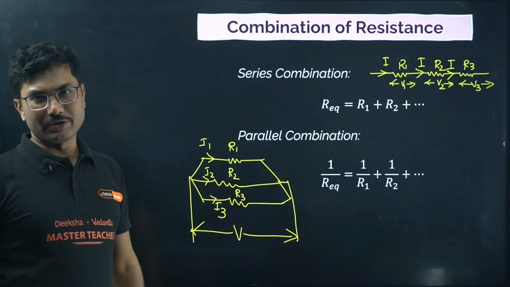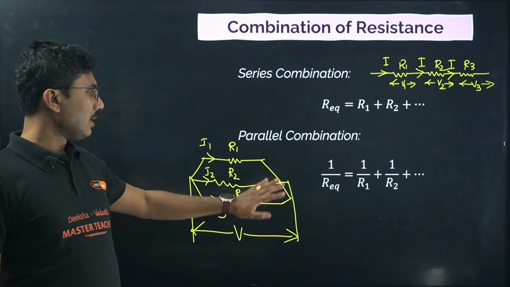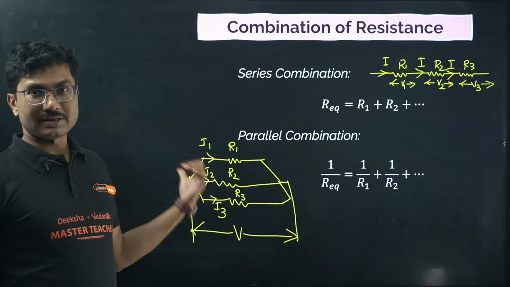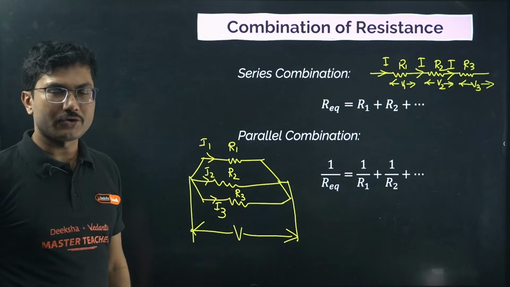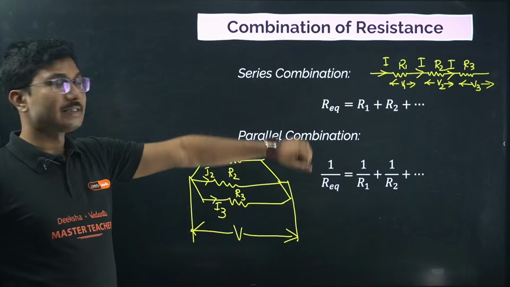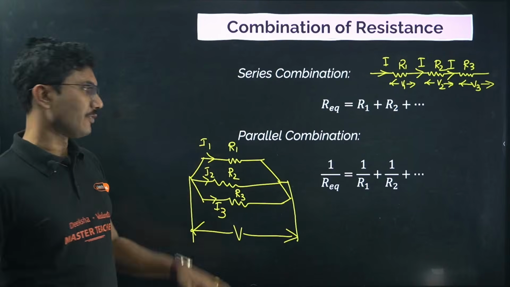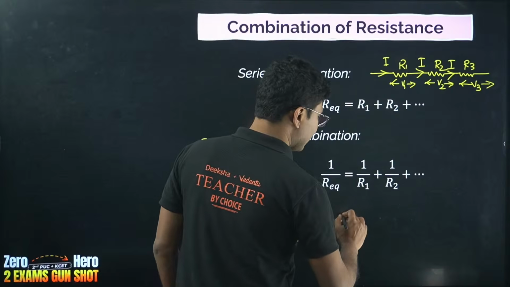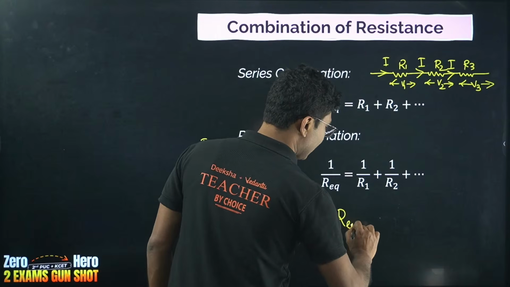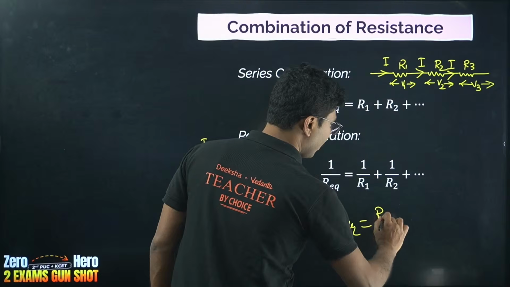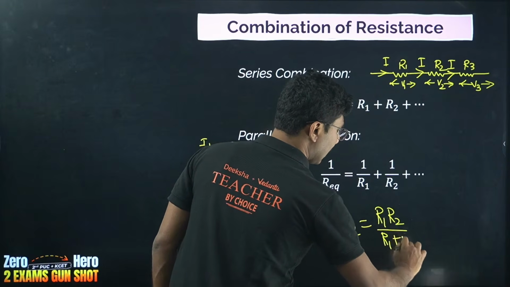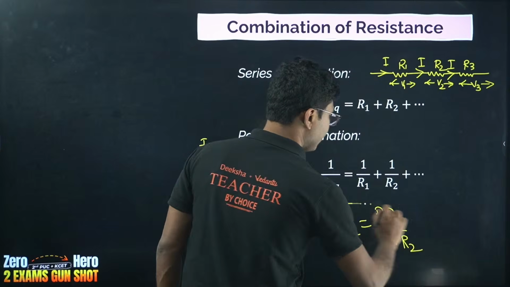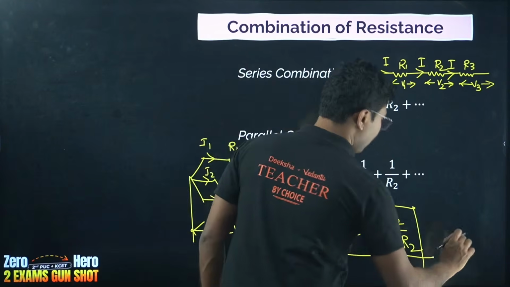The formula I know everyone knows, but the fundamental concept many students don't understand: in parallel combination voltage is constant, current different. In series combination current is the same, voltage is different. For two resistances, R equivalent can directly be written as R1R2 divided by R1 plus R2. So this is the formula for two resistances.